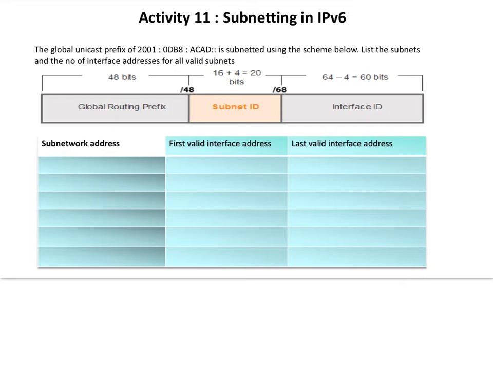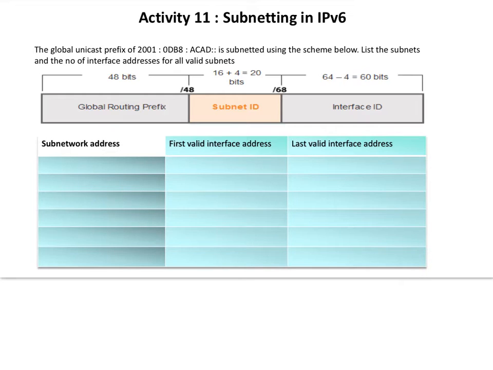Right? Because we don't have broadcast address as part of each subnet. Okay? So we need to subtract only one, which is the subnetwork address.